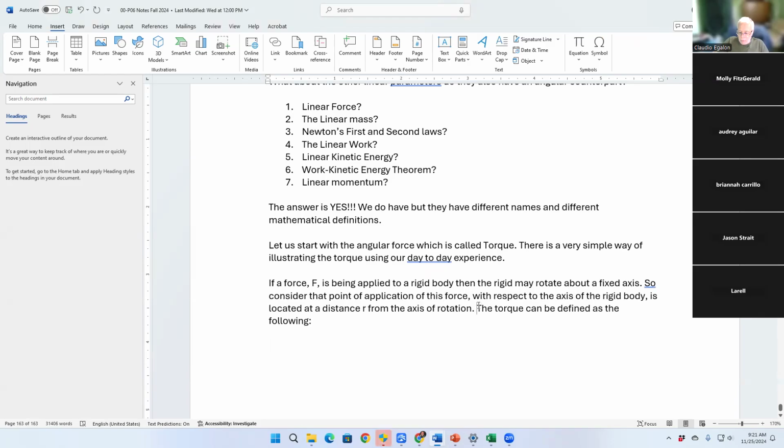With these two parameters, we can define the angular force, or torque, as follows.